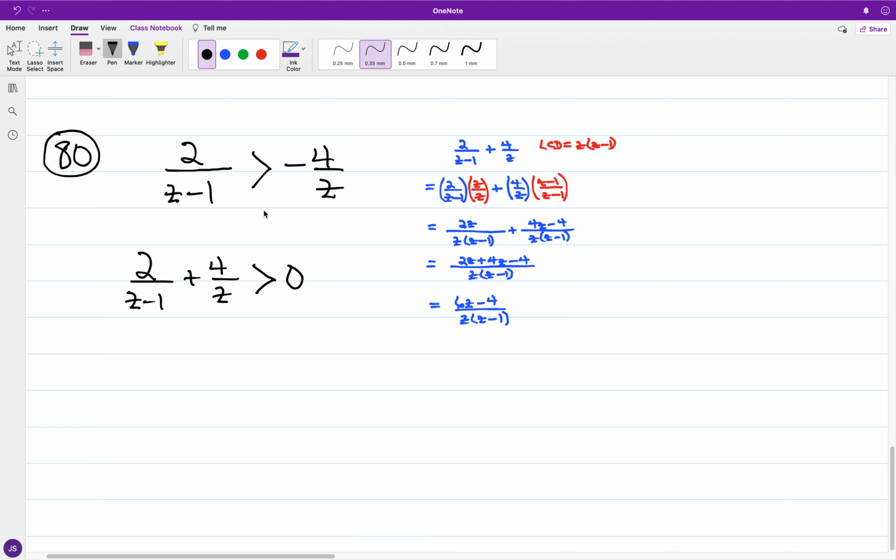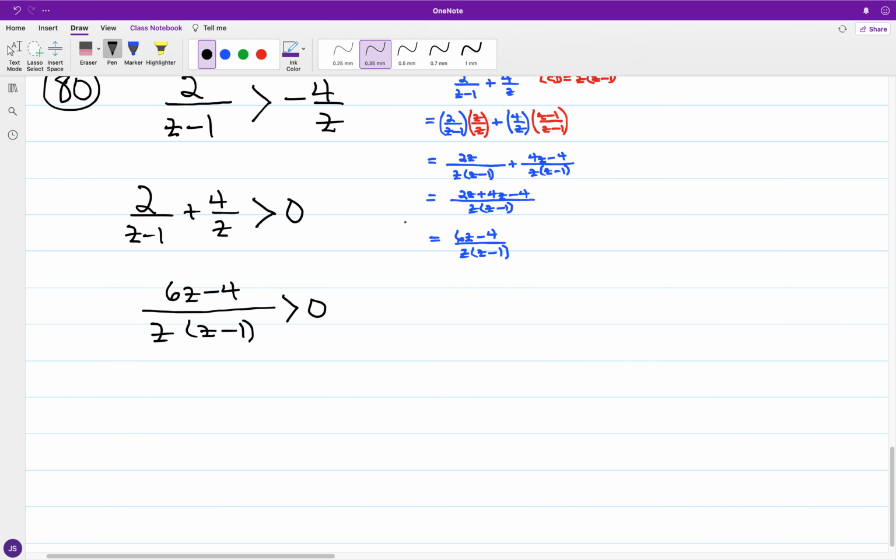And so, combining these ratios, this comes down to (6z minus 4) all over z times the quantity of z minus 1 is greater than 0.